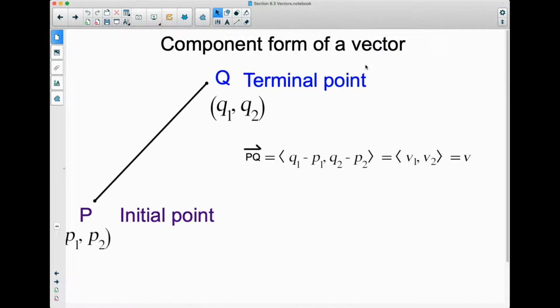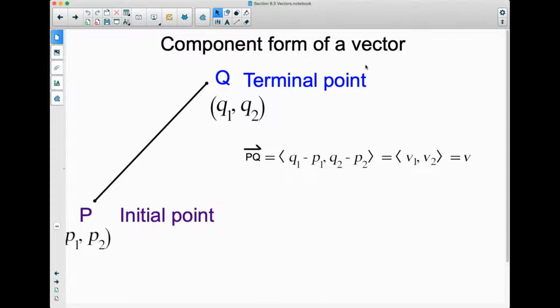Right. So this is what I mean by that. When they say to find the component form of a vector, we've already used these P's and Q's. We're going to use this line right here. So we're going to take our Q1, so our terminal x value, and subtract our initial x value.